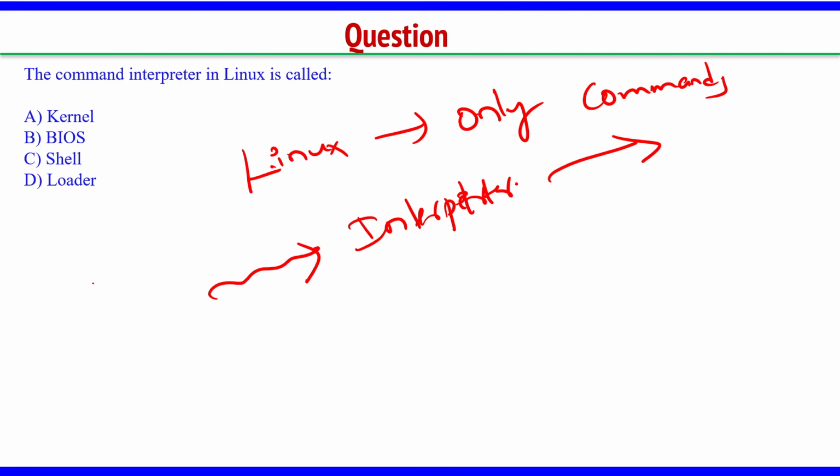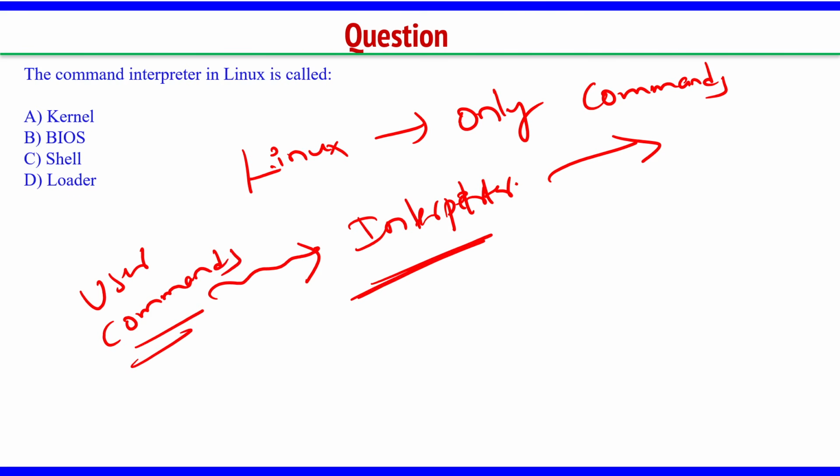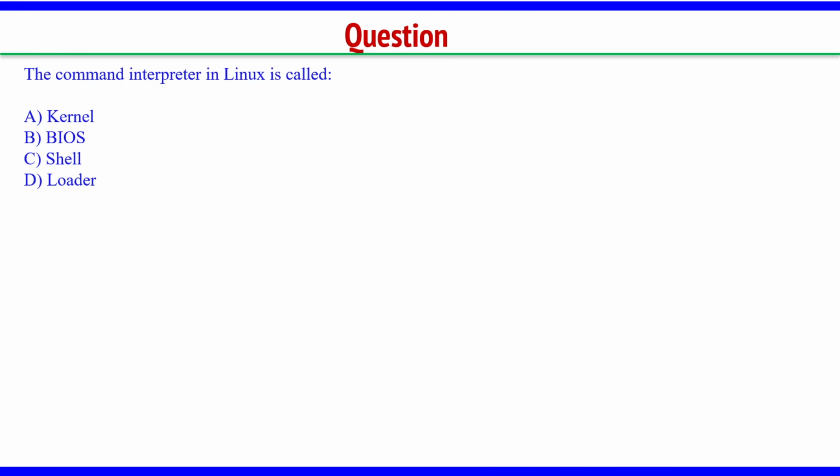So in Linux, when a user is giving commands, what is that interpreter which is taking these user commands and converting them into machine understandable format? The answer here is shell, because I said already it is shell programming, or we call it shell scripting.